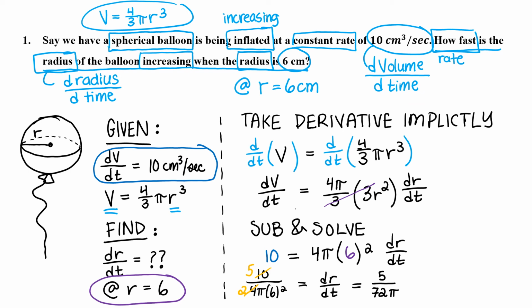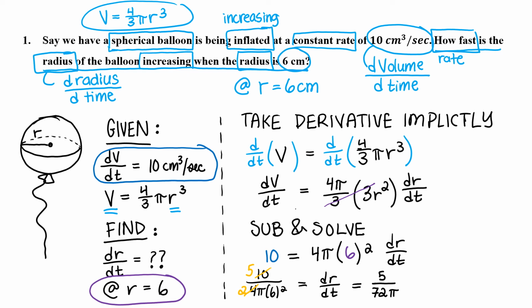And then we just have to think about the units for this. So dr/dt is the rate of change of the radius. That means radius is a length, so that'll be a one-dimensional unit in some ways. So we're not looking at square units, we're not looking at cubed units, just regular inches, centimeters, meters.